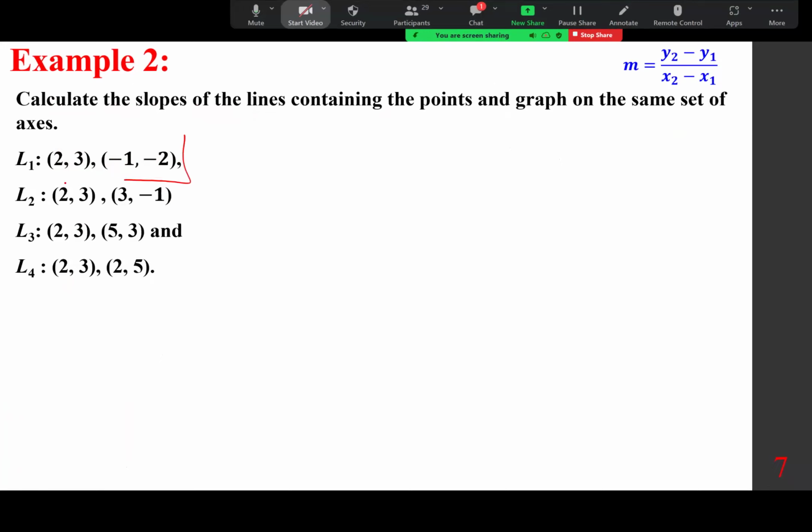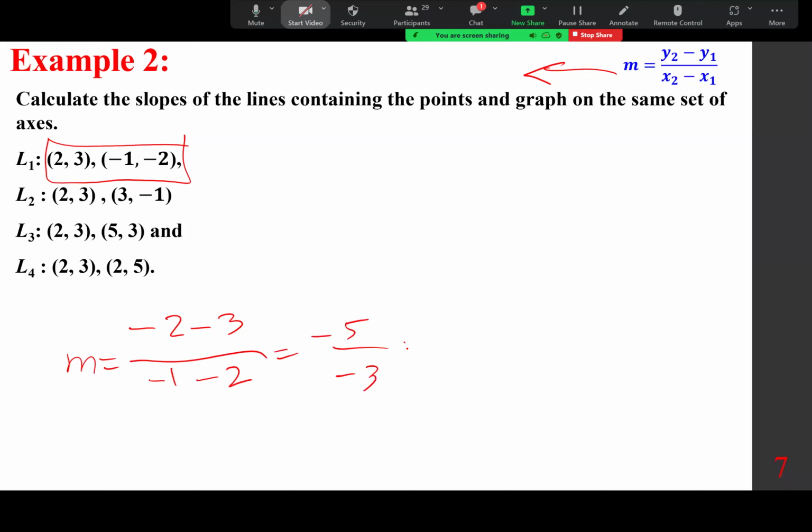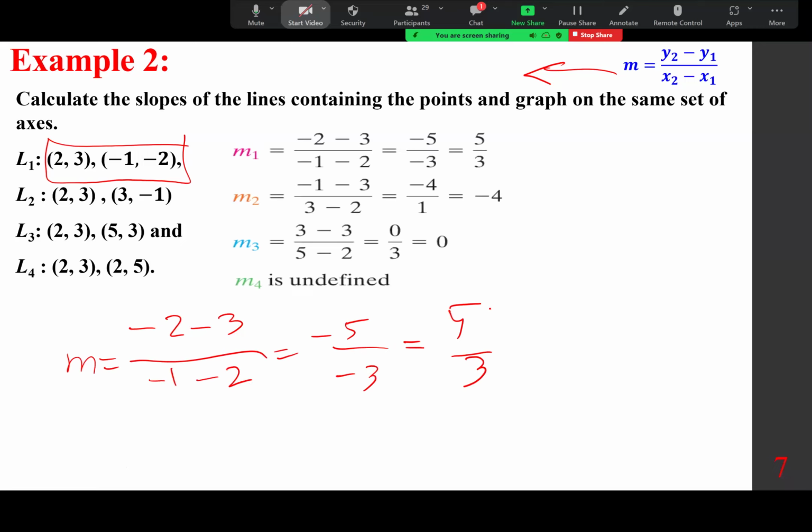I'm going to write -2, -3, this is the slope, over -1, -2, -5 over -3, +5. So if I can get one of them, that means I can do all of them easily. And here's the answer to all of them.